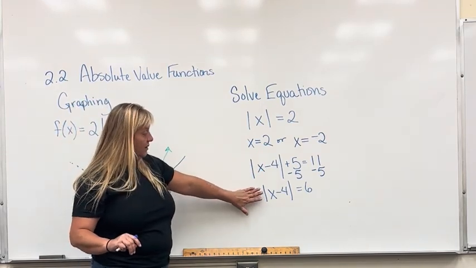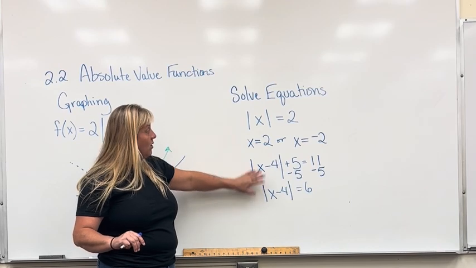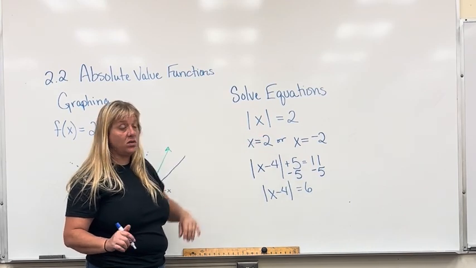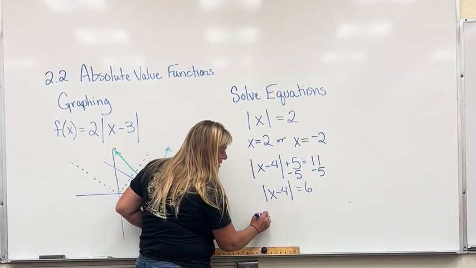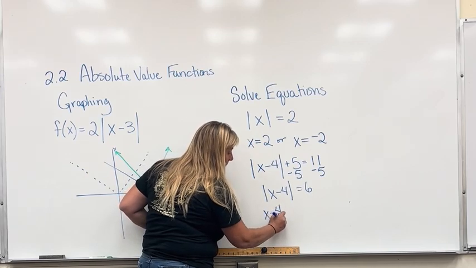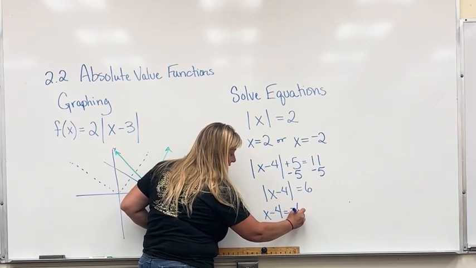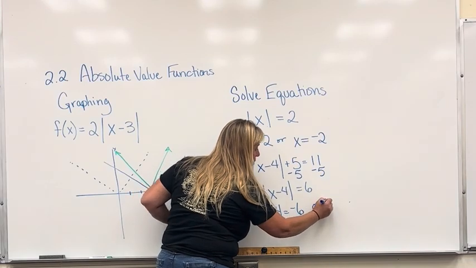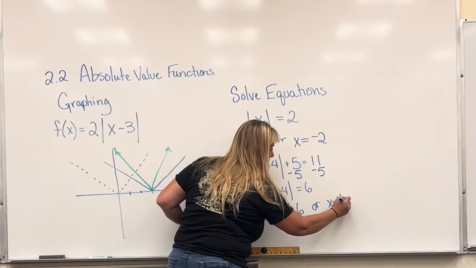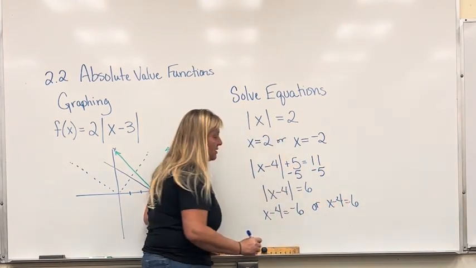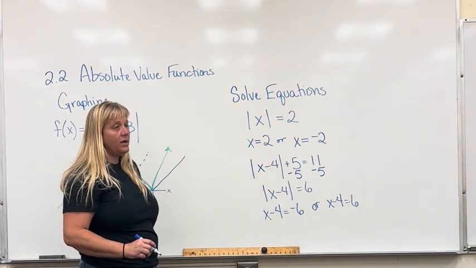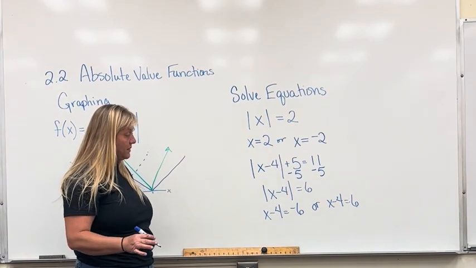Okie dokie. Well, now that we're in this position, we can create both of these two little guys. So we can say that x minus 4 is going to be equal to negative 6, or x minus 4 will be equal to positive 6. Okay, so we're going to solve two sub-problems there.